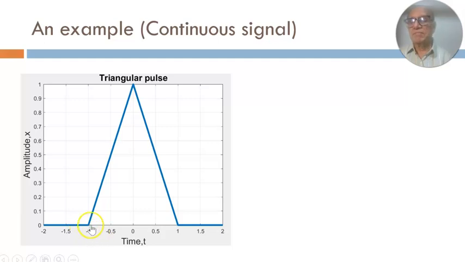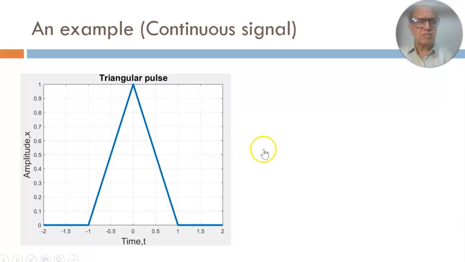Then from -1 to 0, this increases linearly. Note that as you go in this range, the equation for the line changes. Then as you move forward and go between 0 and 1, you find that the slope changes, and finally it changes again here.